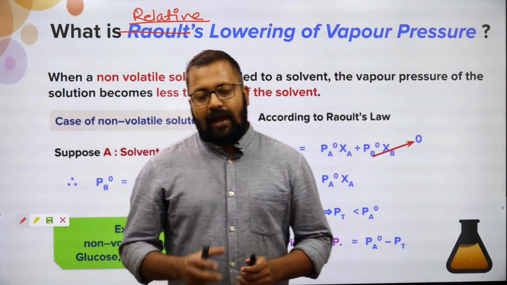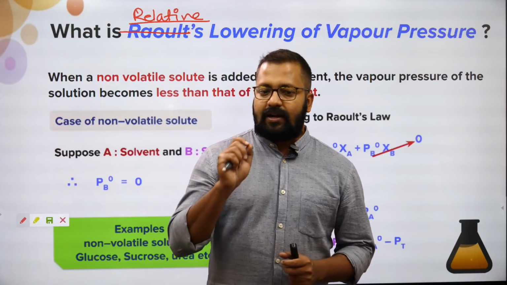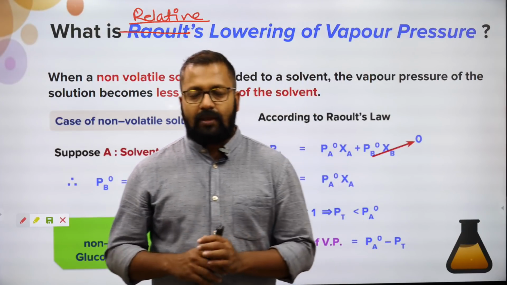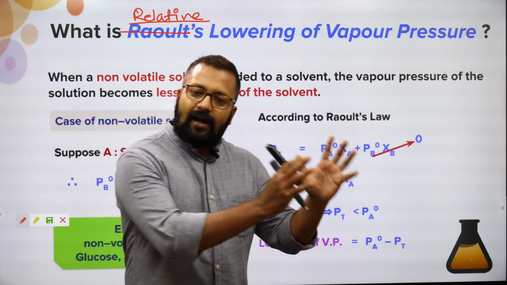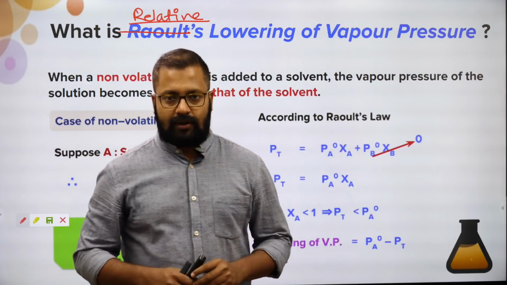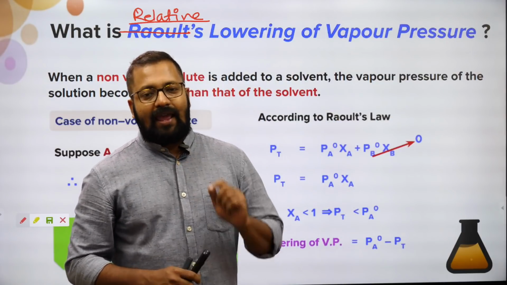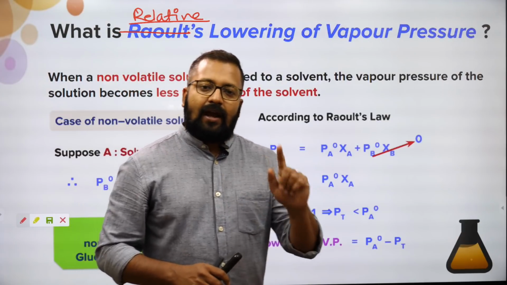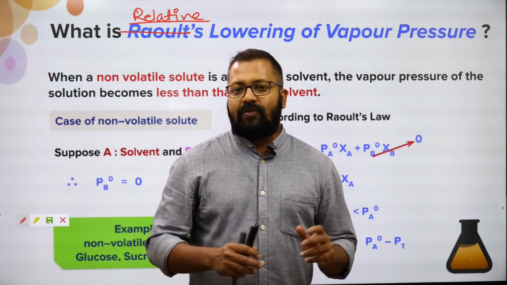For example, I take a container which contains 1 liter water. I take another container जिसमें कि 1 liter water है. In one container I add 1 mole of NaCl. In another container I add 1 mole of KCl.